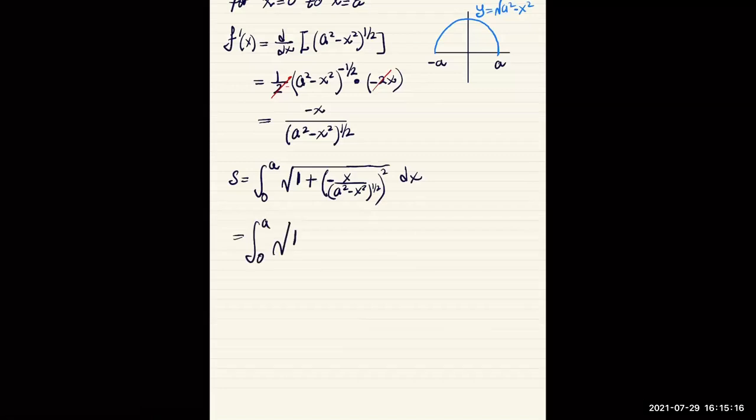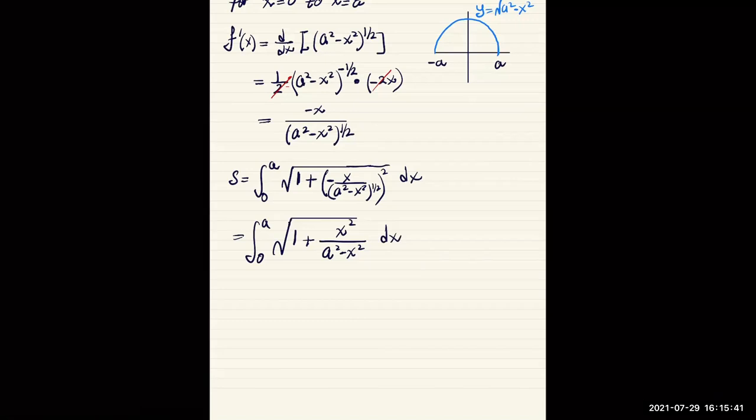So we get 1 plus, square things out, that becomes an x squared. The negative becomes a positive when you square it out. The square will drop out the square root, and you just get a squared minus x squared in the bottom, dx.